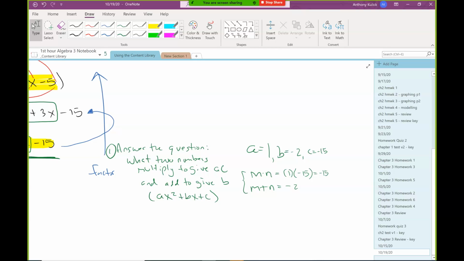Everybody's okay with that? The easiest way to do this is by guess and check. So the problem that we're going to start with is always going to be the multiplication problem.